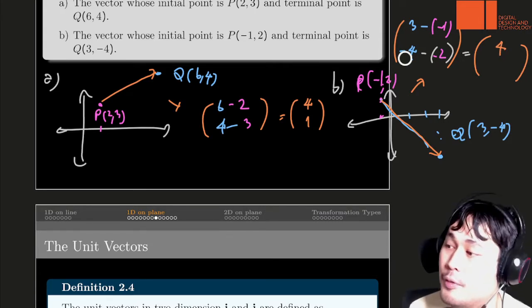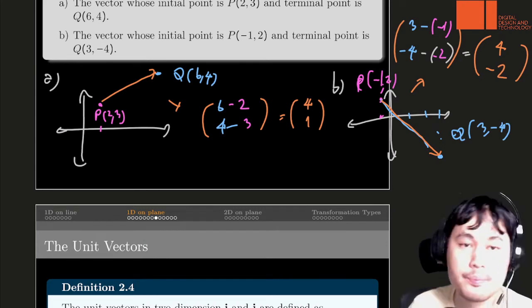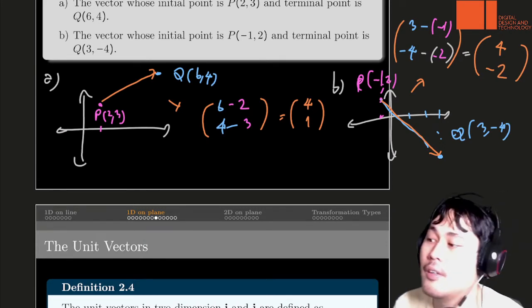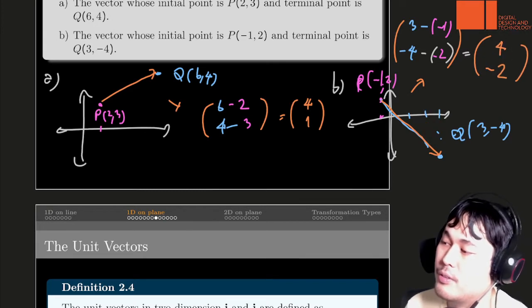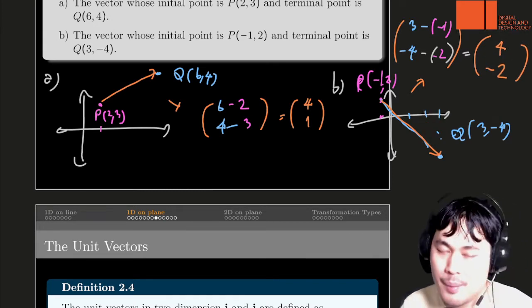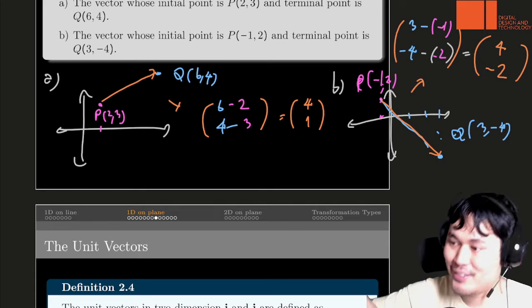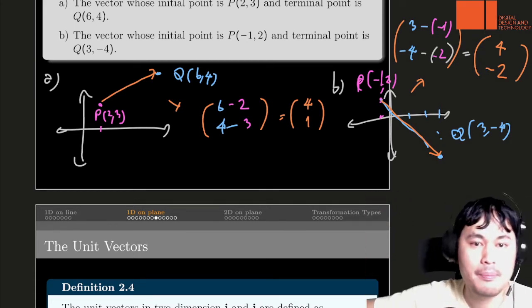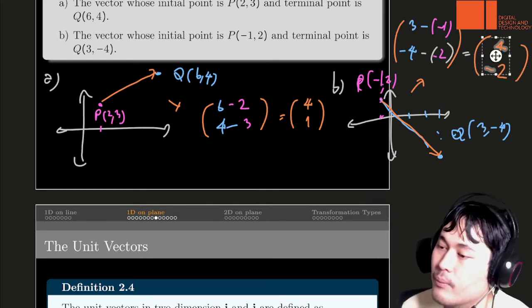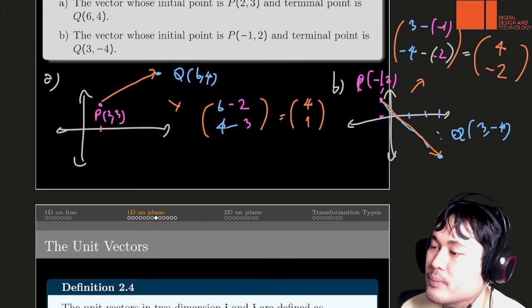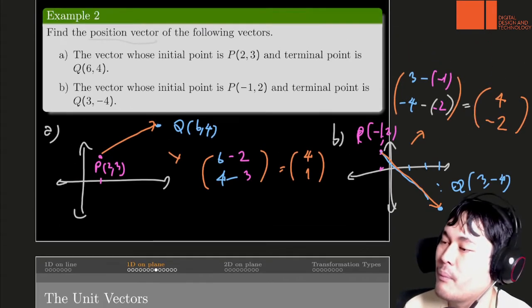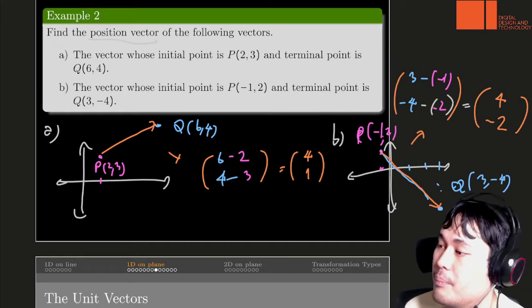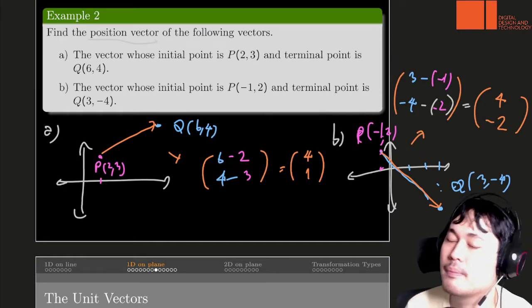And then we have -4 plus 2, which is -2. So that's the result. Going from P to Q, you have to walk 4 steps to the right and -2 steps up. And -2 steps up means 2 steps down. So that's the answer. Maybe I should not make both equal to 4. That's how you can compute a vector given 2 points.